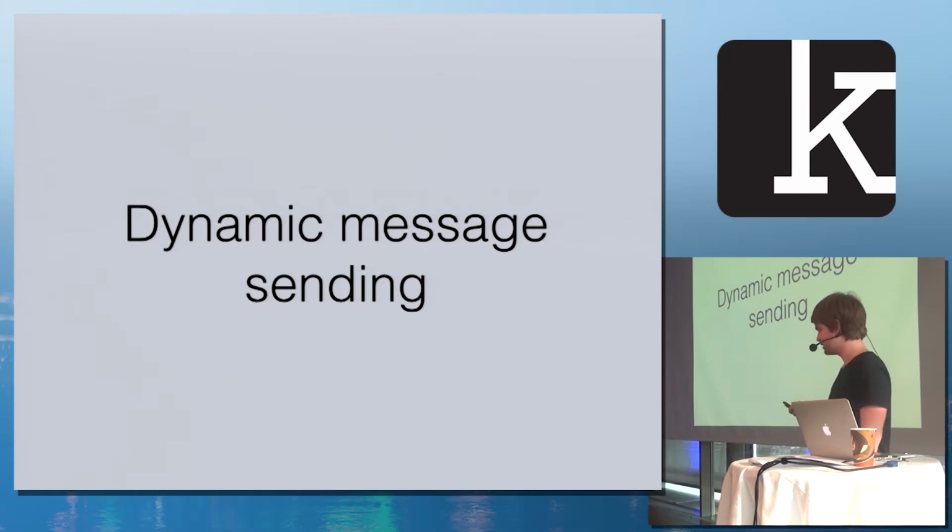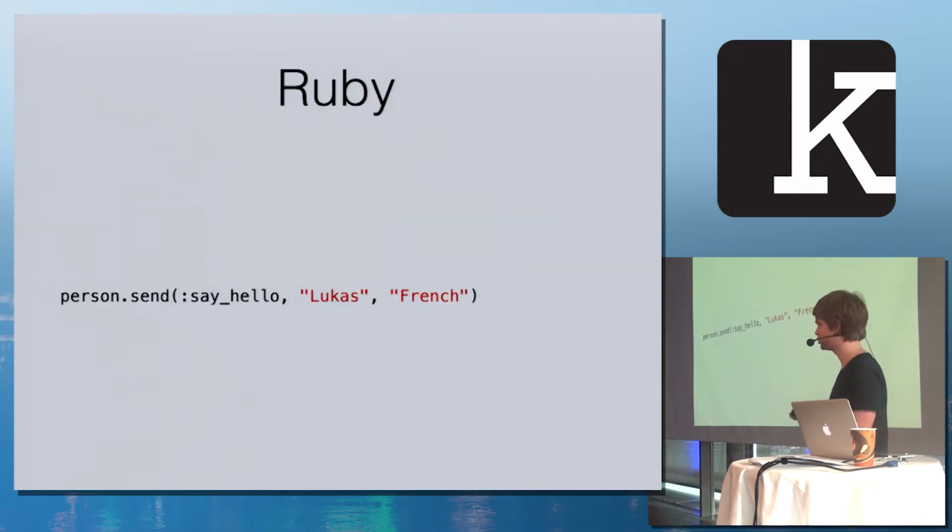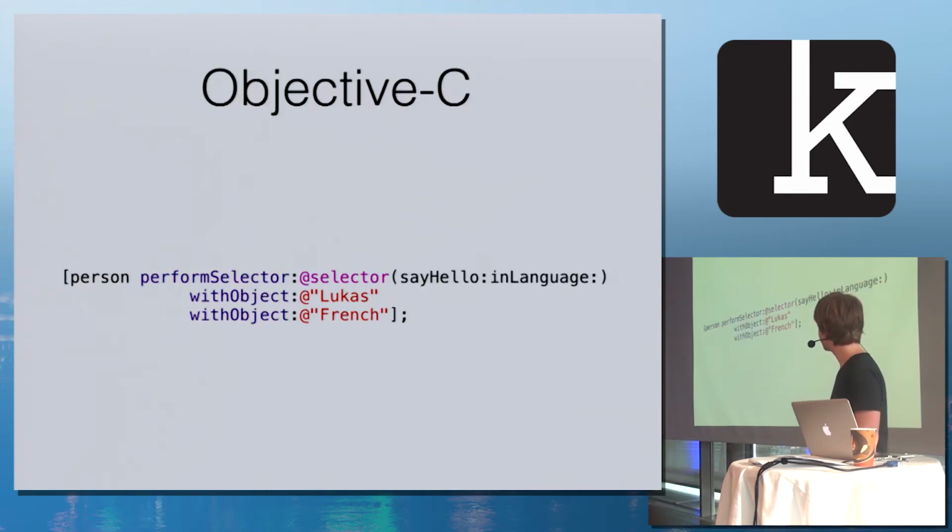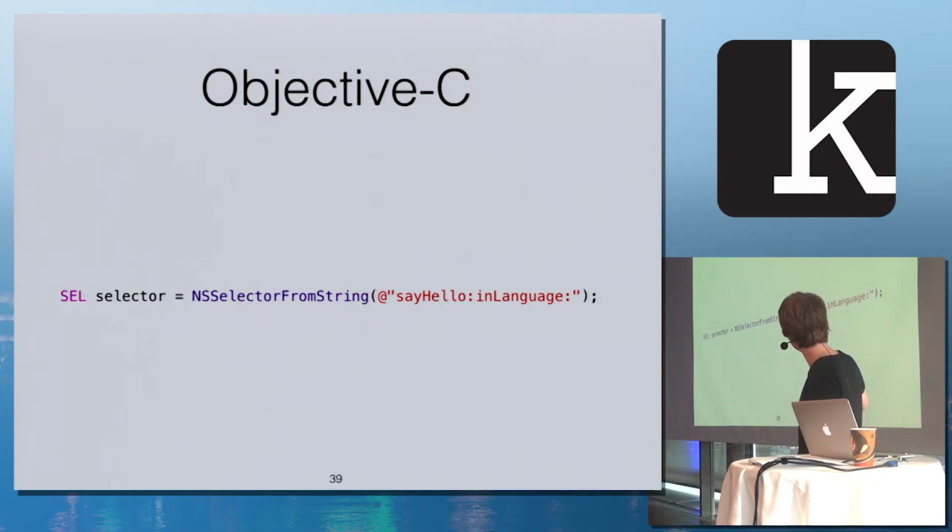Also, like I said, Objective-C is fully dynamic. In Ruby, you could just send a method like this, for example. In Objective-C, you can do performSelector. The selector is fully dynamic, even though it doesn't look like it. You can actually get a selector object from a string. This can be any string, and you can send the message and pass it around.